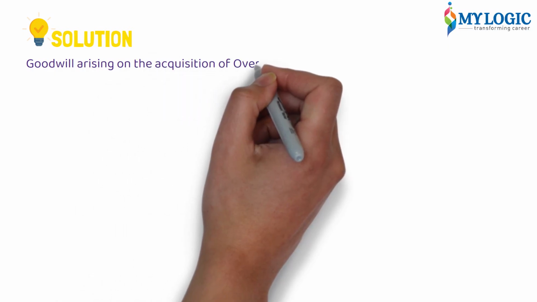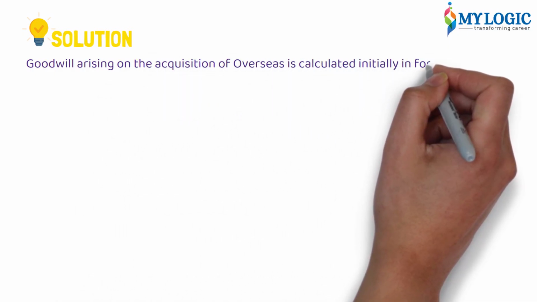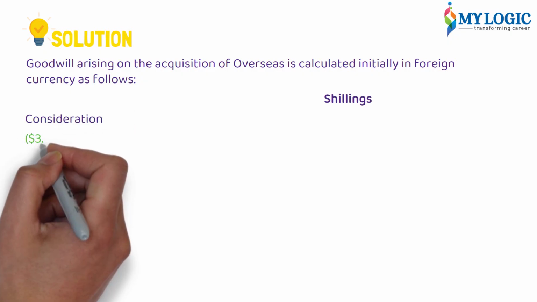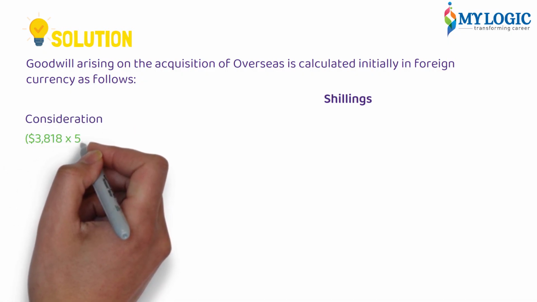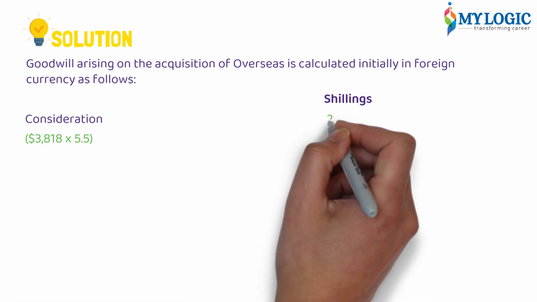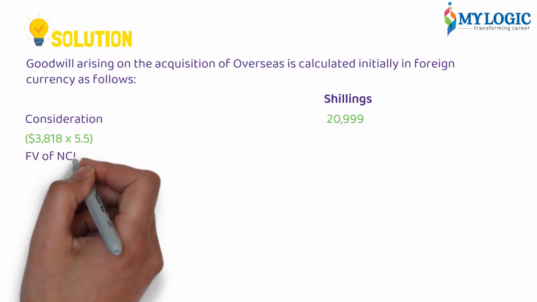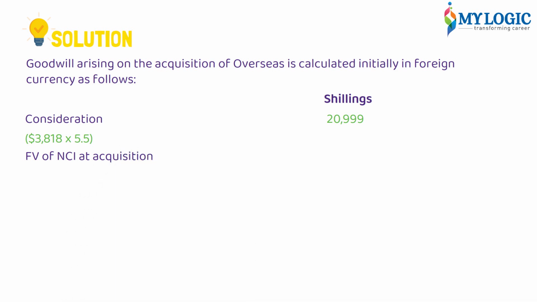Solution. Goodwill arising on the acquisition of Overseas is calculated initially in foreign currency as follows. Consideration: $3,818 multiplied by 5.5, 20,999 shillings. Fair value of NCI at acquisition, 5,000 shillings.